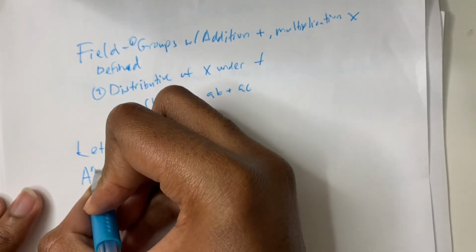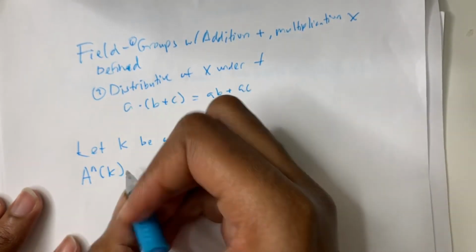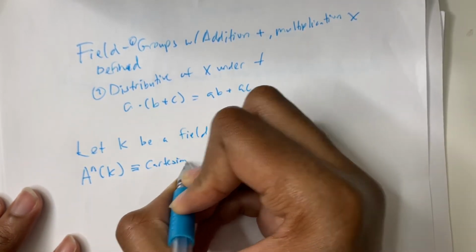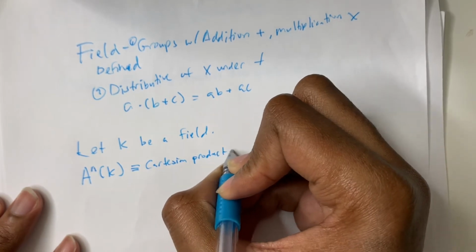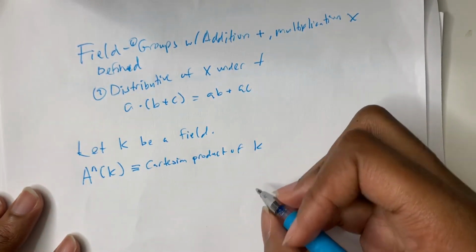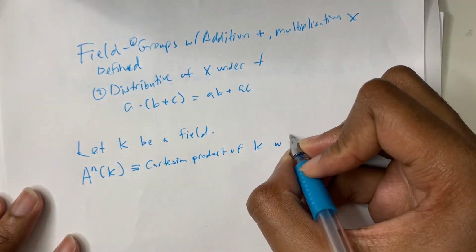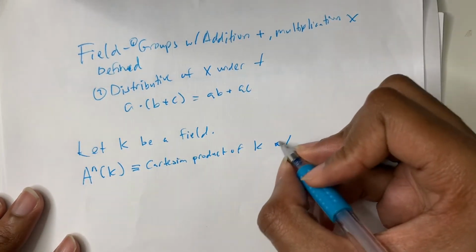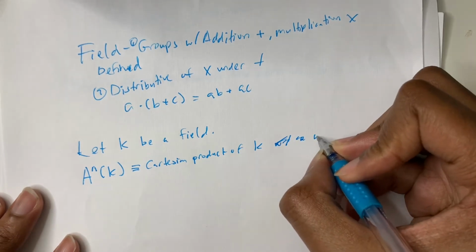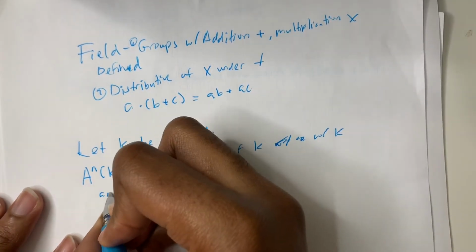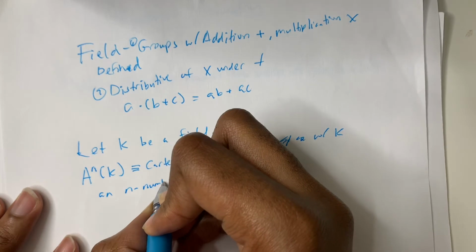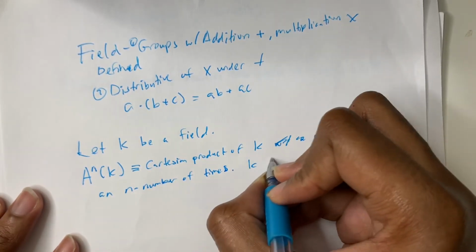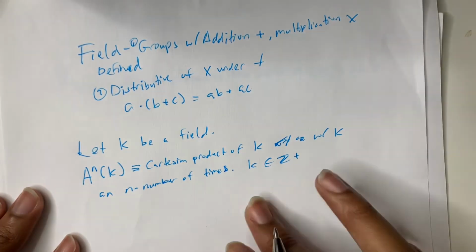A^n of K is going to be defined as the Cartesian product of K with K, n number of times, where n is just some positive integer.